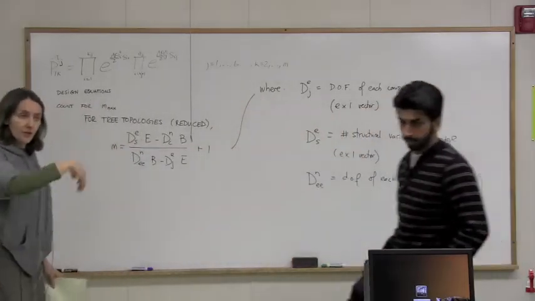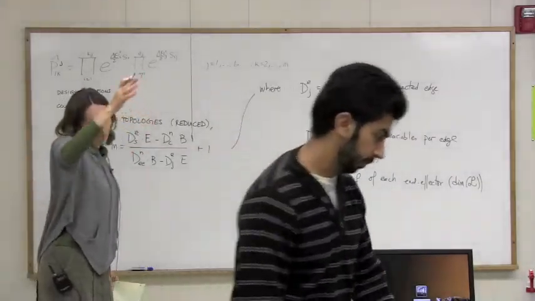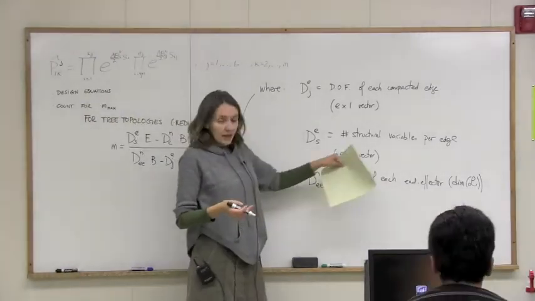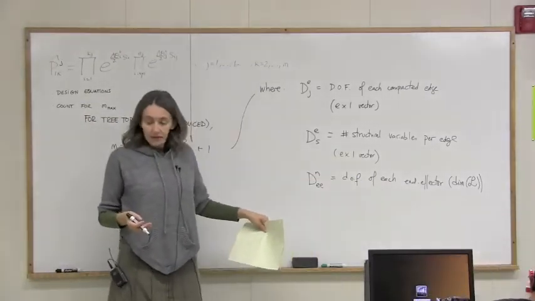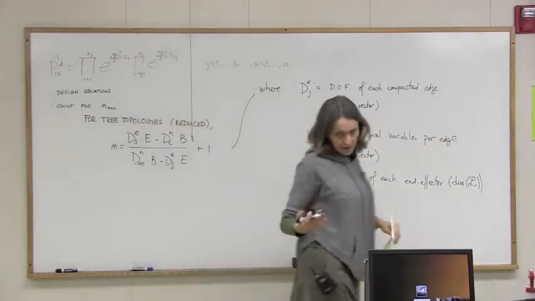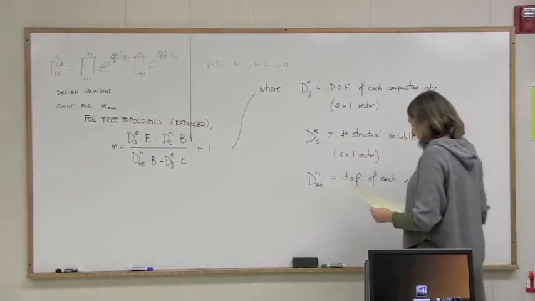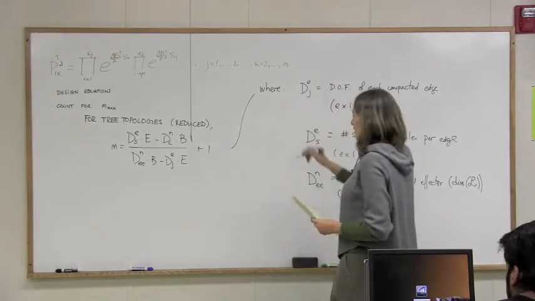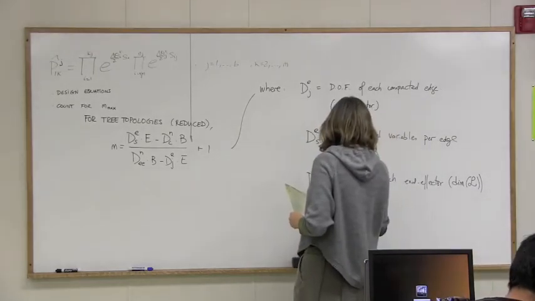So if this end effector is able to move in the whole 6D space, then for that particular end effector you will have 6 as your value, right? So this is the number of branches, B times 1 vector.